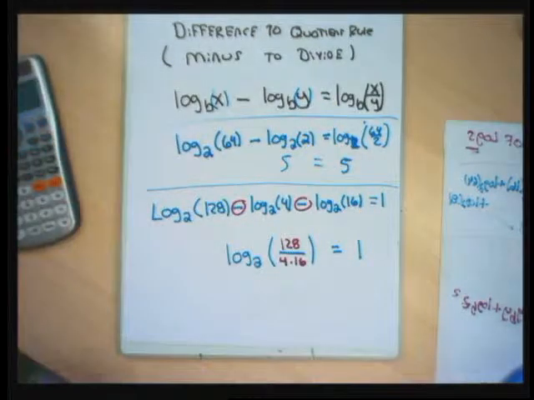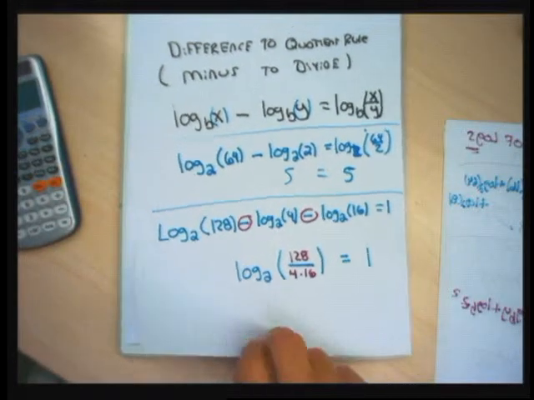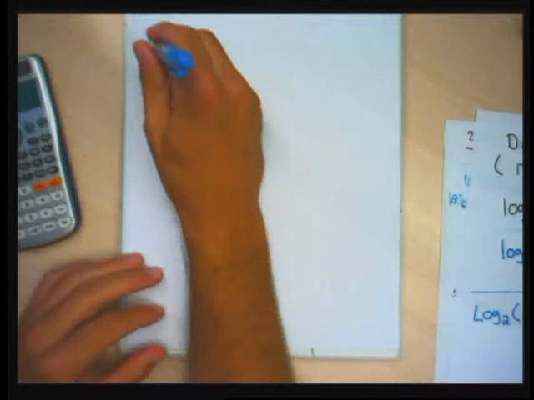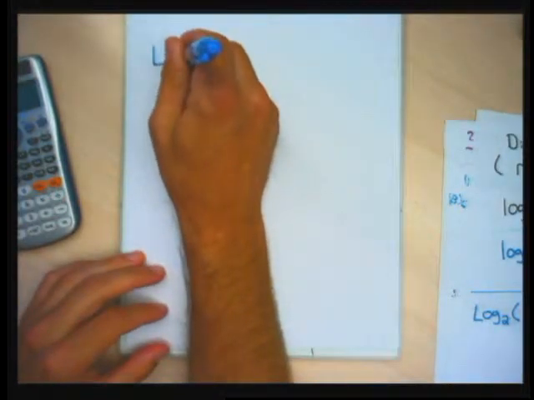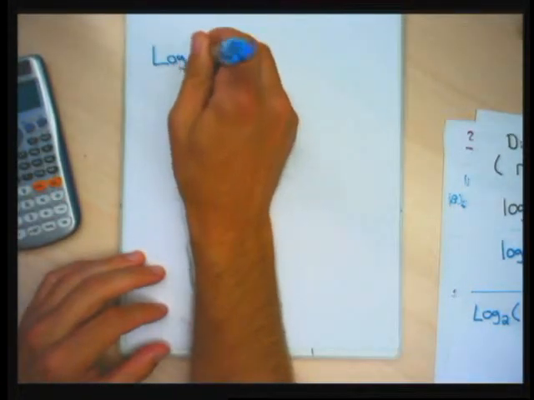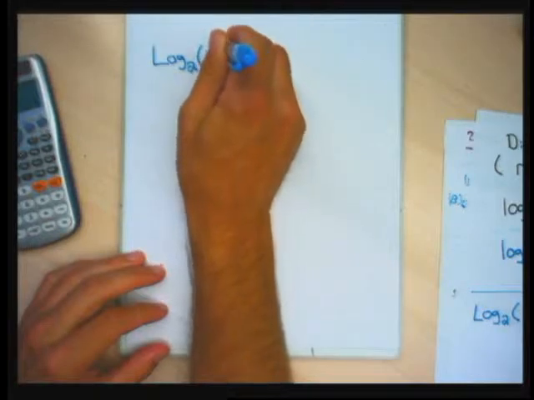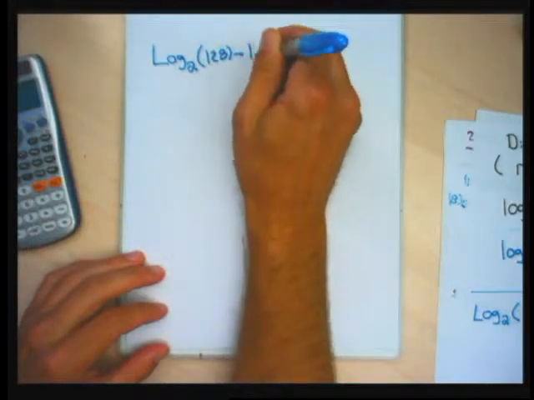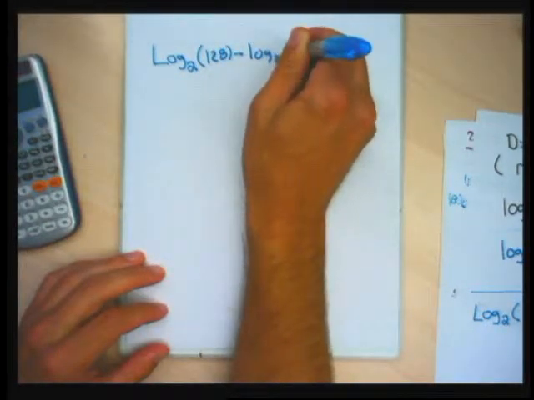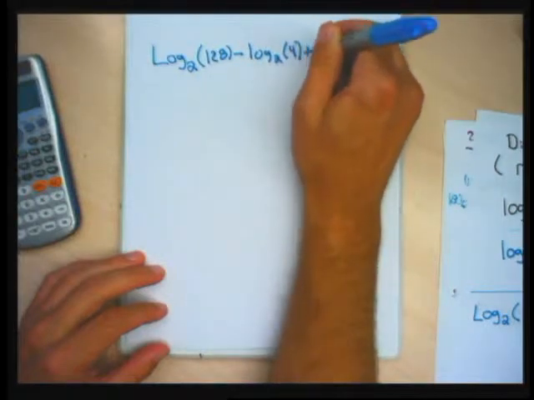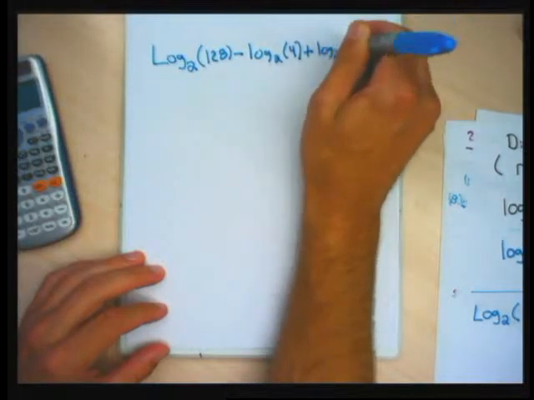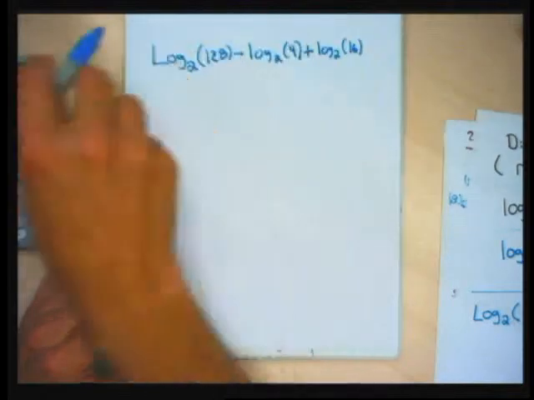Let me do a different problem that's going to use the difference to quotient rule with 3 logarithms again. I'm going to basically take this same problem, log base 2 of 128 minus the log base 2 of 4, and then plus the log base 2 of 16. I'm going to figure out what this equals.